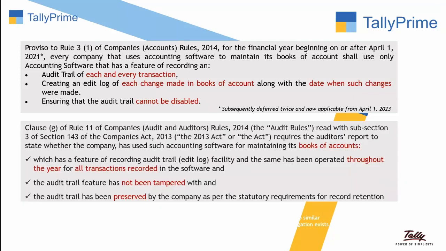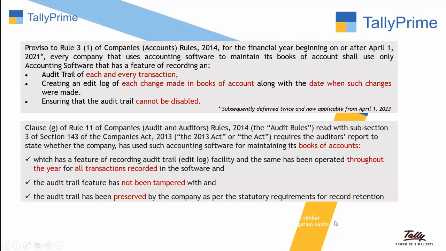Along with that, for the auditors also, a notification was issued that the auditor has to report whether the company is using such accounting software for which the trail has been maintained throughout the year for all the transactions recorded, the audit trail has not been tampered with, and the audit trail has been preserved as per the statutory requirements of record retention.